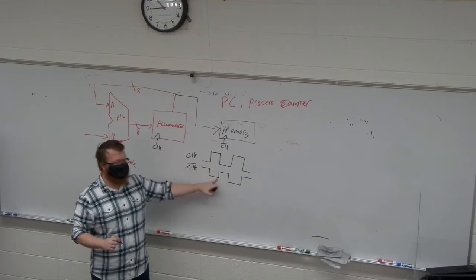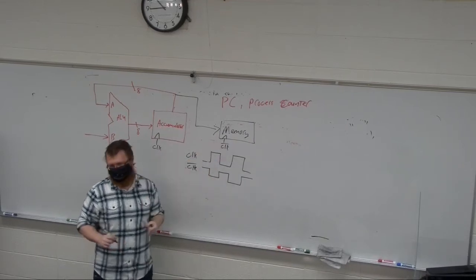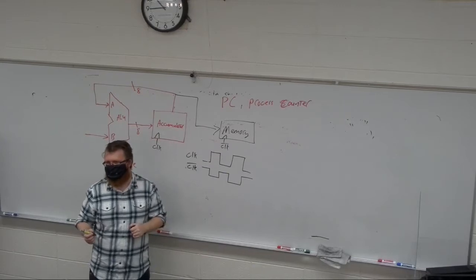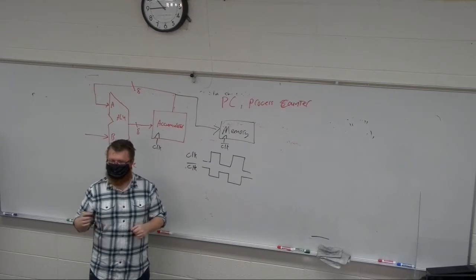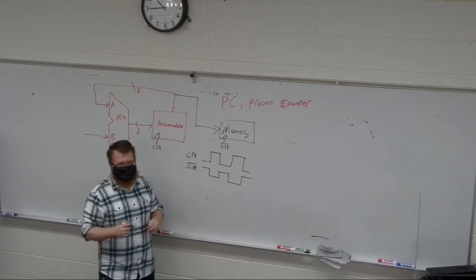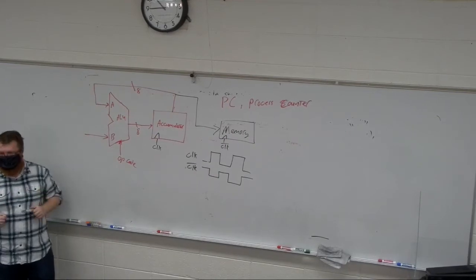So update the signal, update the memory. Or instead of not clock, you can make it falling edge triggered, right? Either throw in an inverter or throw in falling edge instead of rising edge. Either one of those will be okay. Just be aware that that's something that you're going to have to consider down the line.